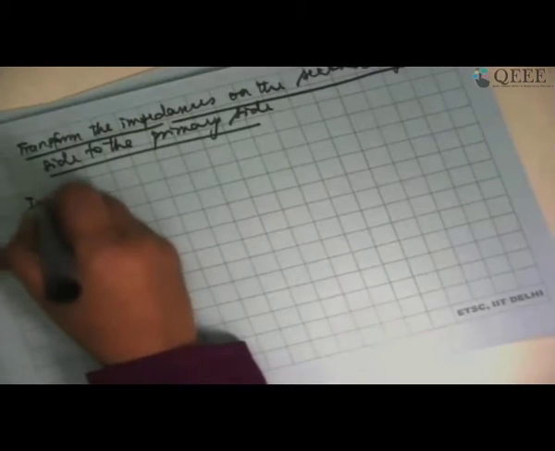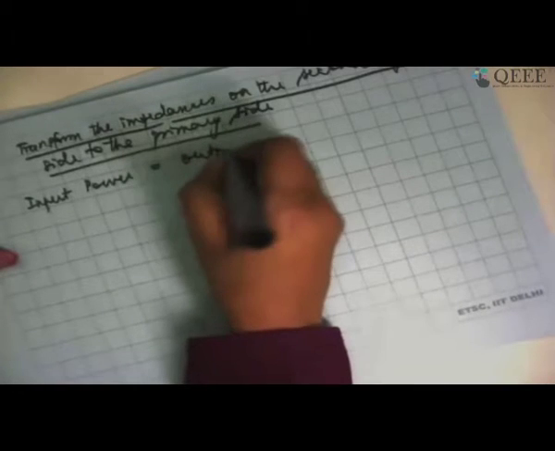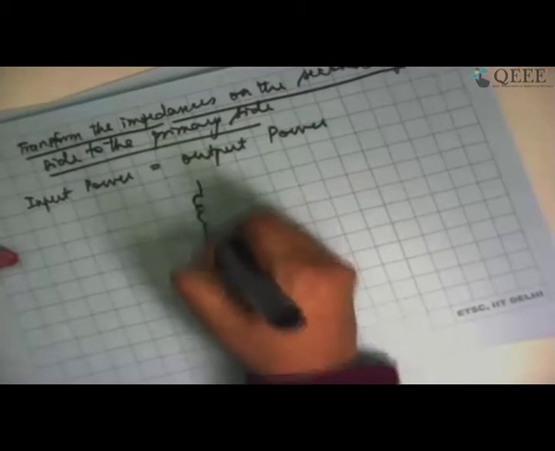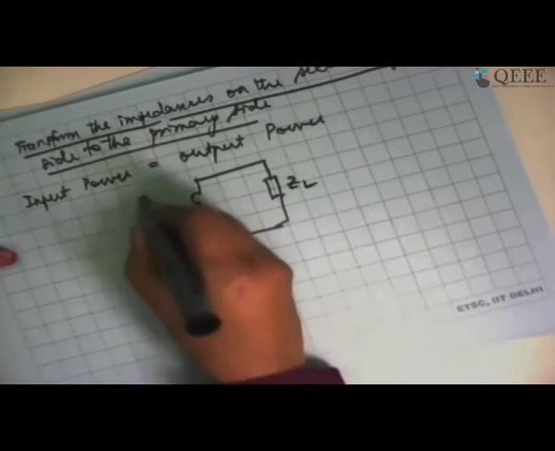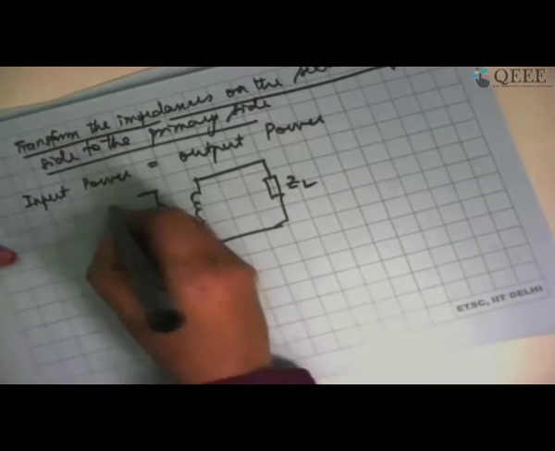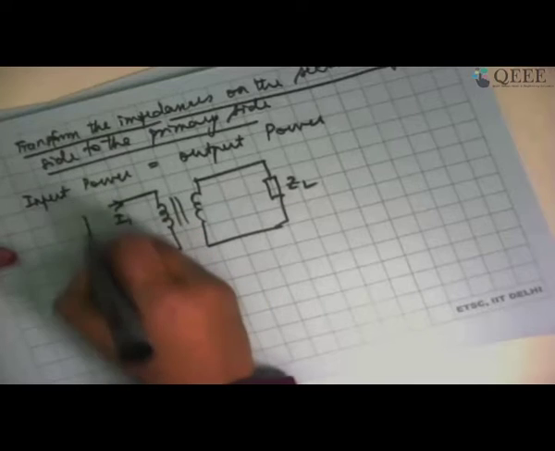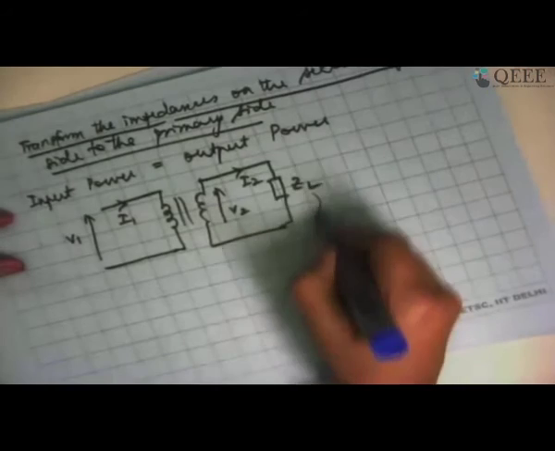So input power will be equal to output power. Power is invariant. So previously we showed some load on the secondary side, which is ZL, and we said primary side is this. Now in between, if this is I1, this is V1, and this is V2, and this is I2, we transform this ZL into the primary side. This is what we did.